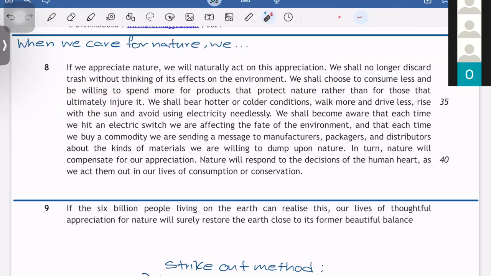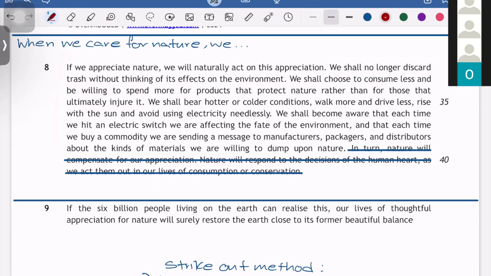All of these are kept as well. This goes all the way until the second last sentence. What I do not need is the last sentence. I strike this out, because this has nothing to do with the information I need.